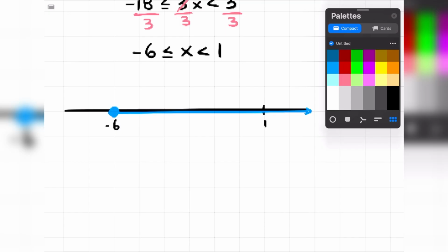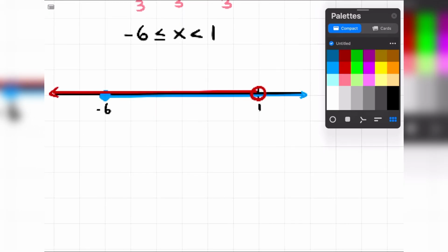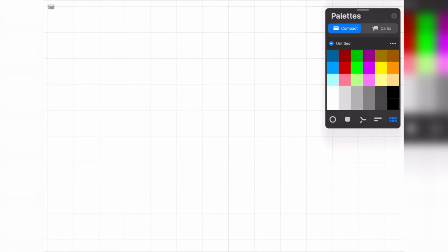Now for the other one, x is less than 1, which is all of this, but it's not equal to 1, so we open it up. The solution is in between. It's these guys, which would be bracket -6 to 1 parenthesis. There you go.